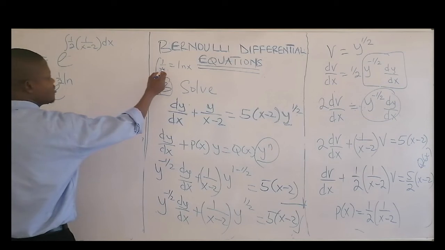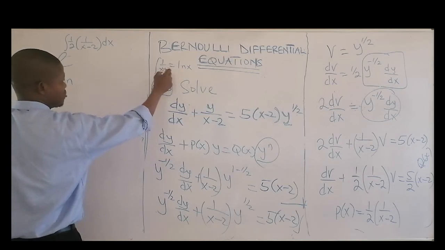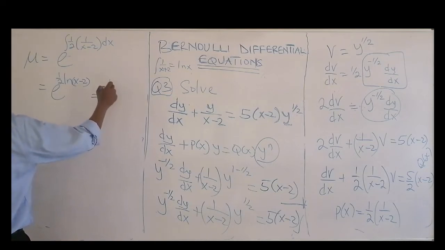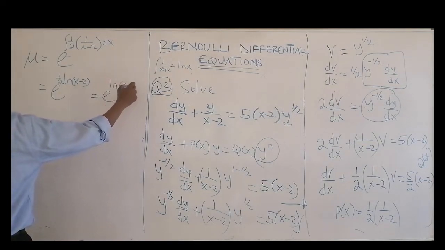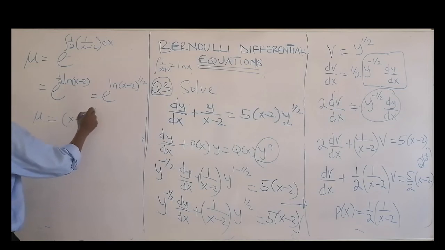If you add anything to this variable or subtract, it doesn't change the answer. Whether plus 2 or minus 2, it's still the same thing. So in this case it will be ln of x minus 2. So this will be e to the ln(x minus 2) times half. So your integral factor is what? x minus 2 to the power half.